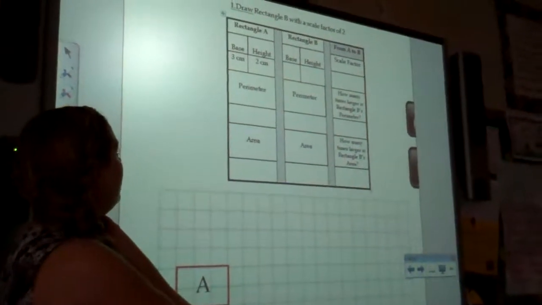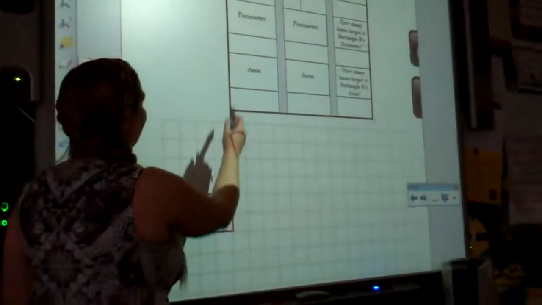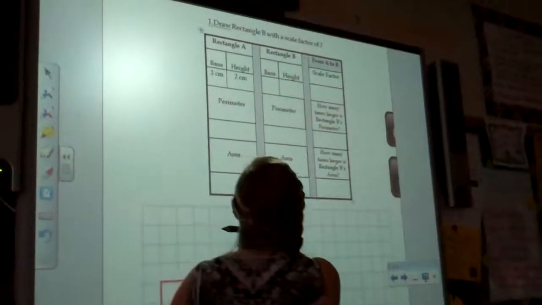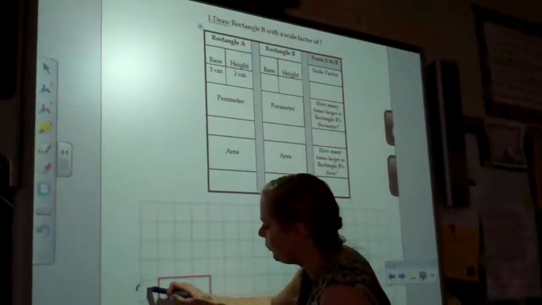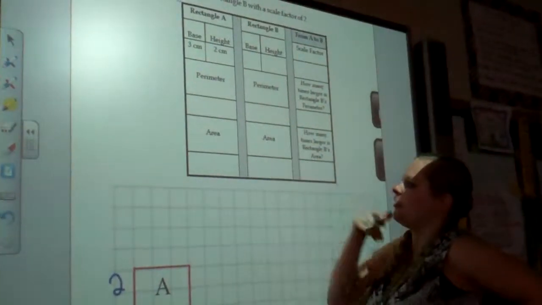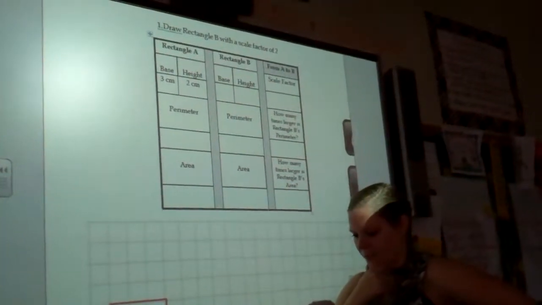So they're giving me rectangle A, and I see that it has a base of 3 centimeters, 1, 2, 3, so that makes sense, and it has a height of 2 centimeters, so that makes sense. And they want me to fill this out here, perimeter and area.